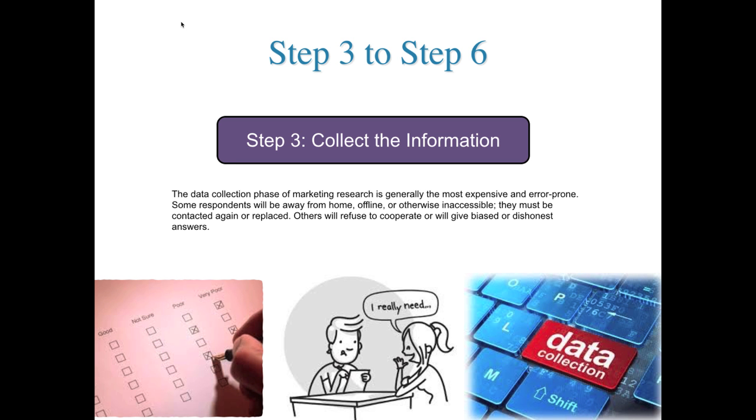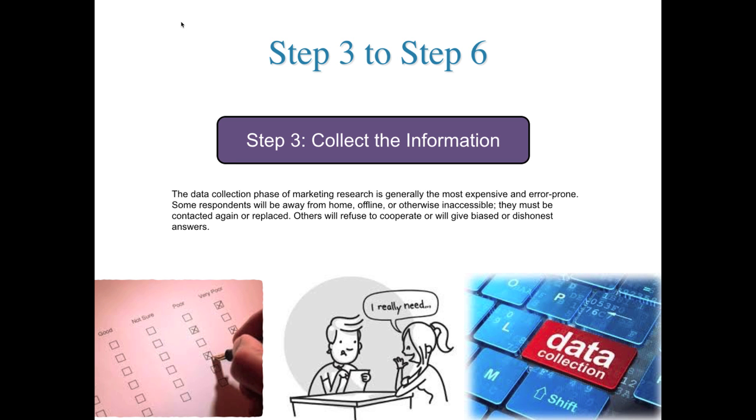It's also the point at which most of the errors in research can occur. If someone does not follow the instructions properly, maybe some of the measures you have are not reliable, or you get incomplete data, those can be problems for evaluation later on. In terms of the respondents, they may be hard to get.